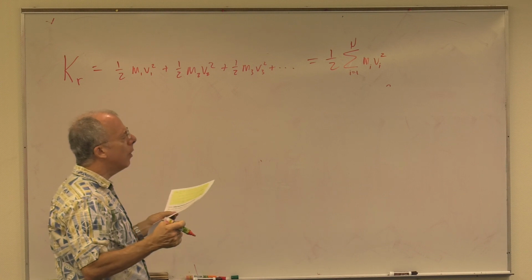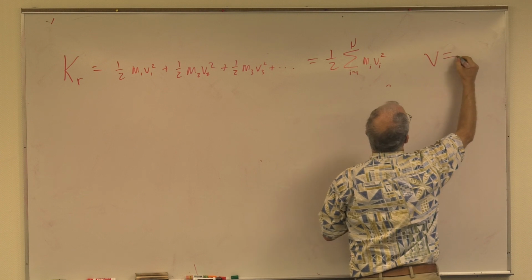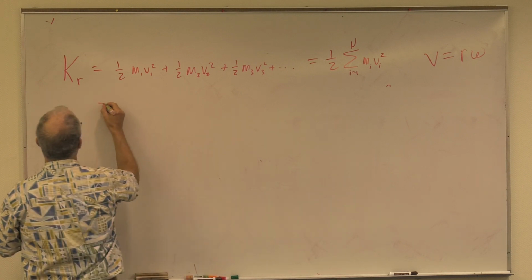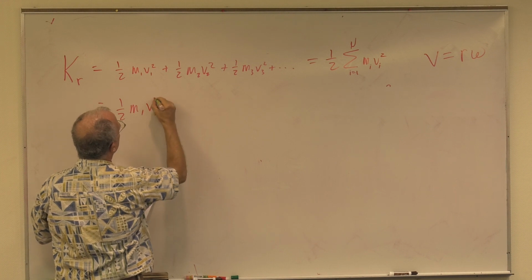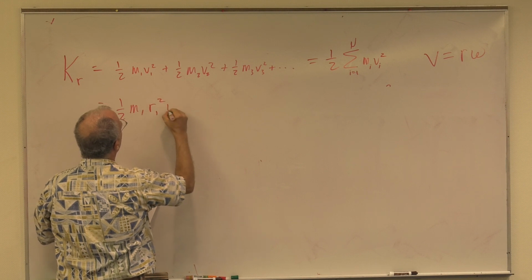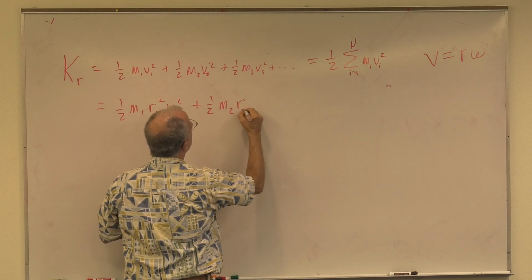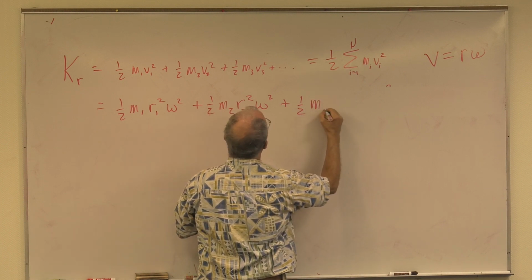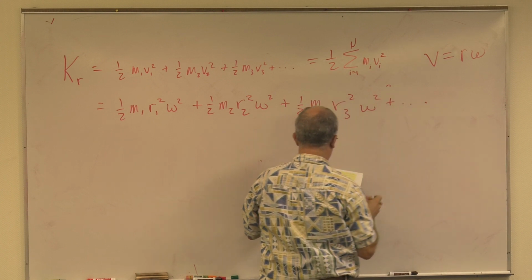Now, we're talking about rotational motion, right? So we really ought to use v equals r omega, our good old friend from a long time ago. So let's substitute. We have 1/2 m1 r1 squared omega squared plus 1/2 m2 r2 squared omega squared plus 1/2 m3 r3 squared omega squared plus on and on and on.